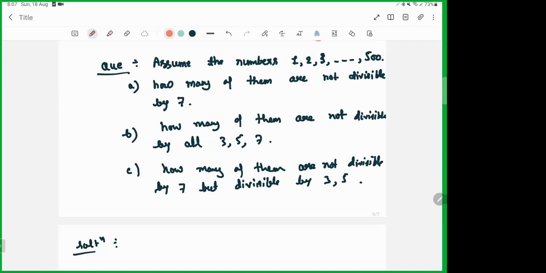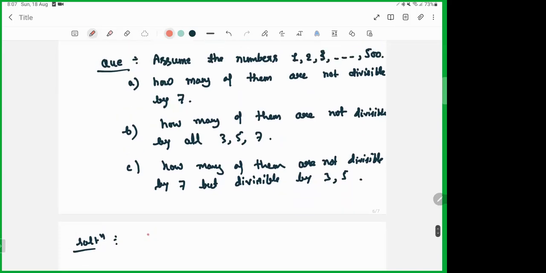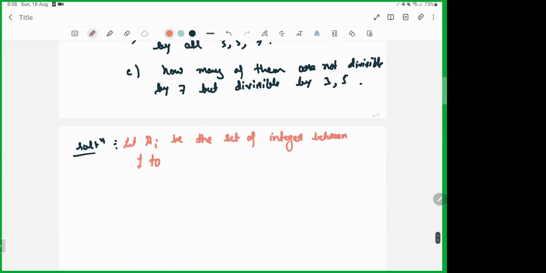Okay. So let's do this. Let A_i be the set of integers between 1 to 500 divisible by i.